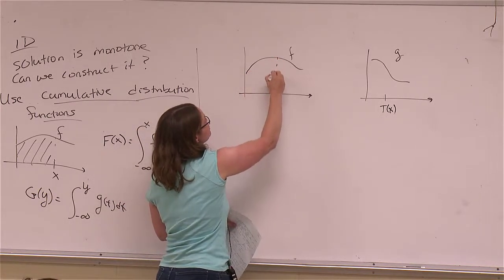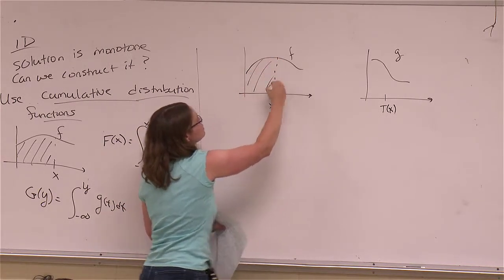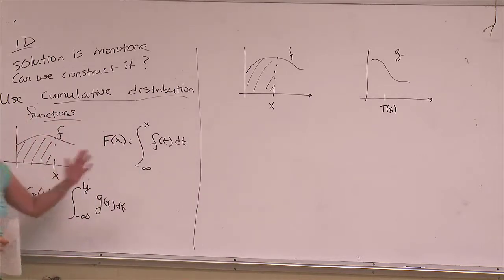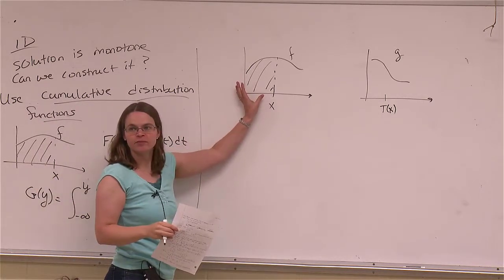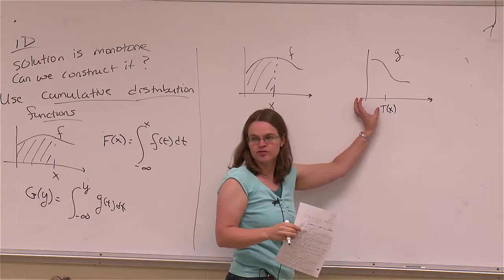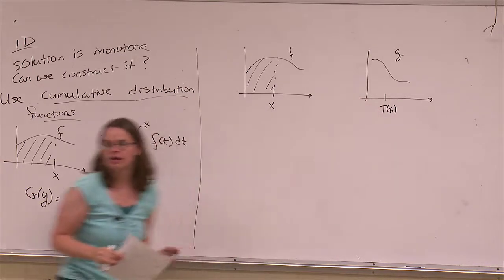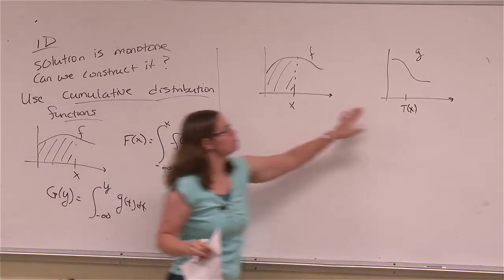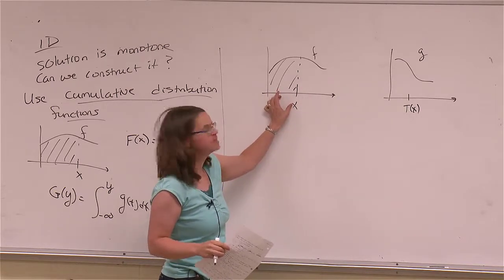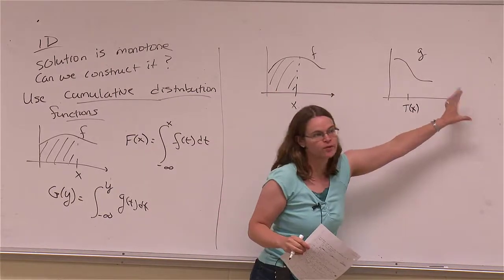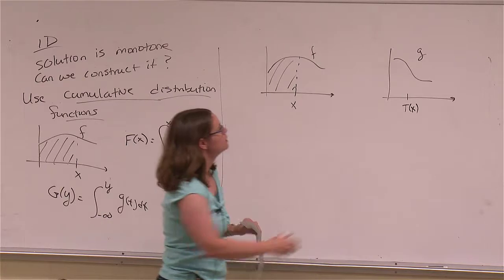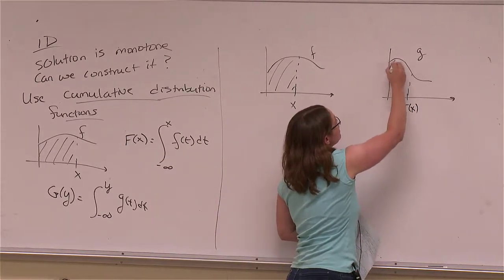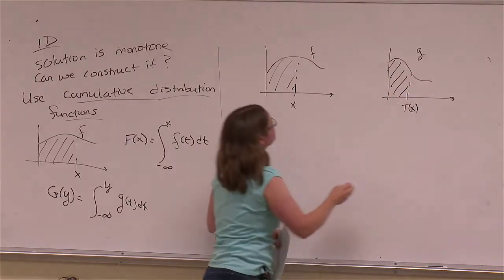So what I should expect, right, is that the amount of mass up to here is equal to the amount of mass that I've gotten up to here, right? If this amount of mass was different than this amount of mass, then I would have taken some of this and had to pull it out this way, which we know we're not allowed to do. Okay, so we expect these to be equal.